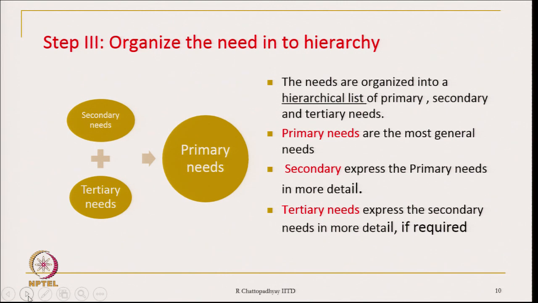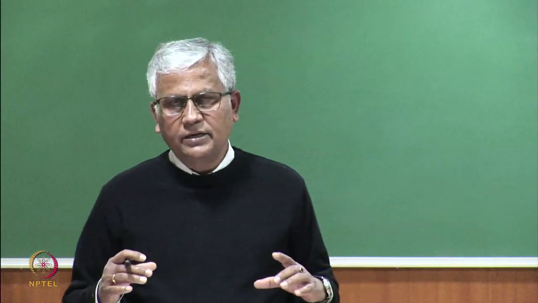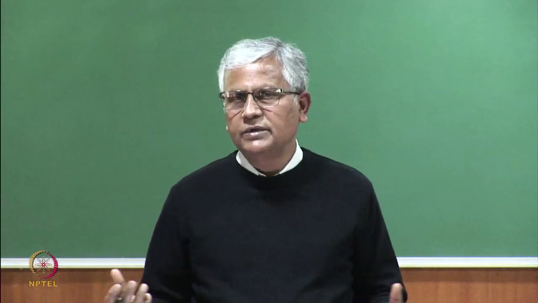Secondary needs are a derivative of primary needs, with more detailing about the primary needs. It is not that they are less important. It is not in terms of importance that we write primary, secondary and tertiary needs. Primary needs are written as broad needs, and then we expand them, calling them secondary needs. In some situations we may further need to expand, and we will call them tertiary needs.